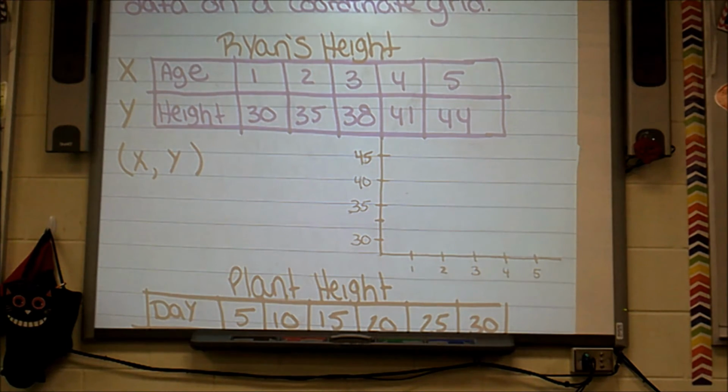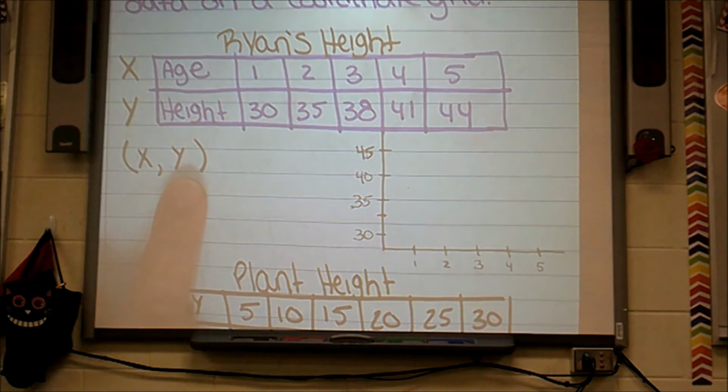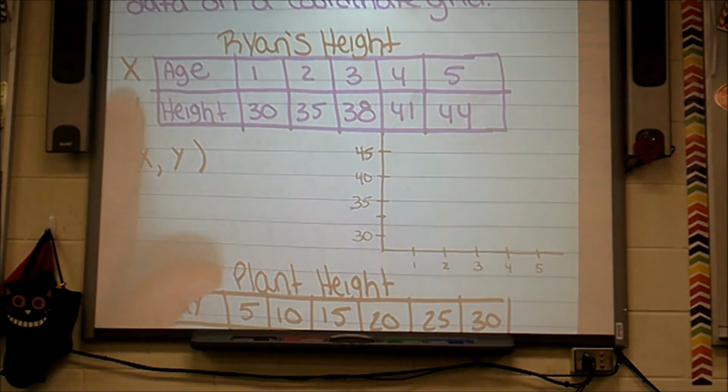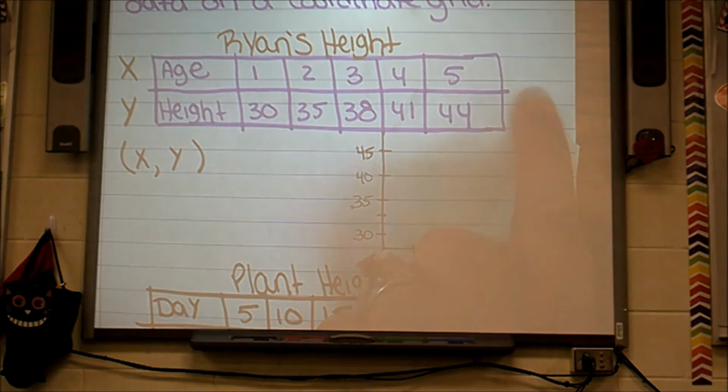So we're going to put these in parentheses so that we can use them on our coordinate grid that I have there drawn out. So let's make an ordered pair. Just like we did yesterday, my ordered pair is going to come with an x and a y. And here, it tells me that my first number, my age, is going to be my x.